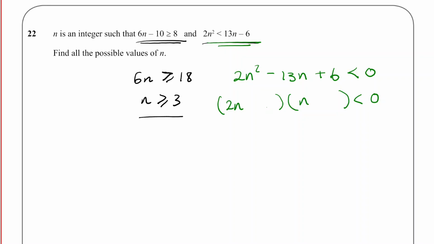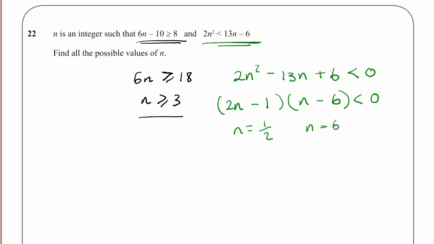I'm going to go straight to the answer because I know it's going to be 6 and 1 to give me my 13, because 2 6s make 12. 12 and 1 make 13, and they're both negative. So we have n is a half to make this bracket 0, and n is positive 6 to make the second bracket 0.